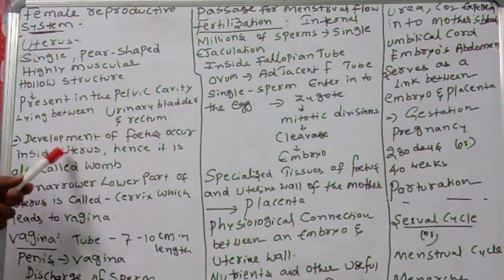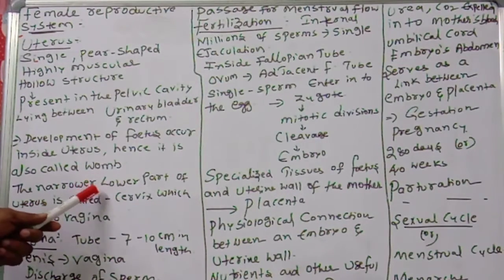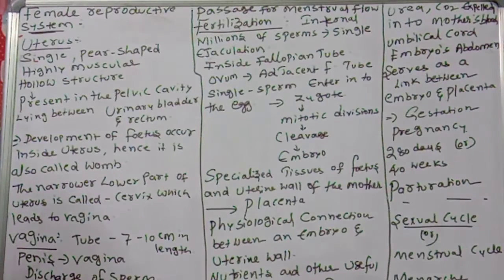Development of the fetus occurs inside the uterus, hence it is also called the womb. The narrow lower part of the uterus is called the cervix, which leads into the vagina.